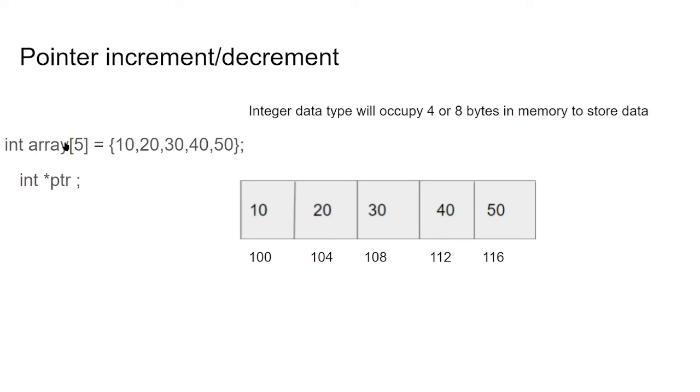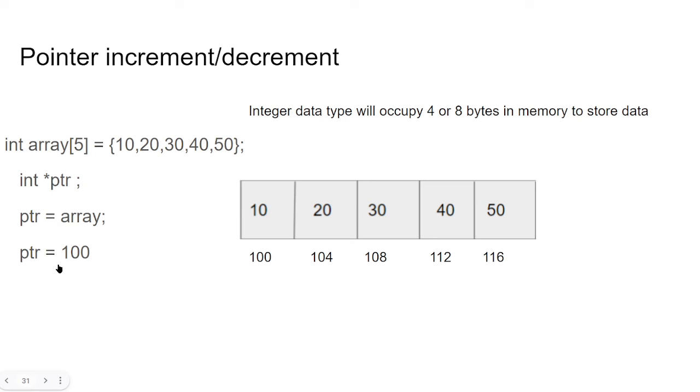So if I define a pointer with the pointer variable having the base address of the array, you may ask why I haven't used the address of operator symbol. Because in the case of an array, by default the name itself gives the base address of the array, that is 100.